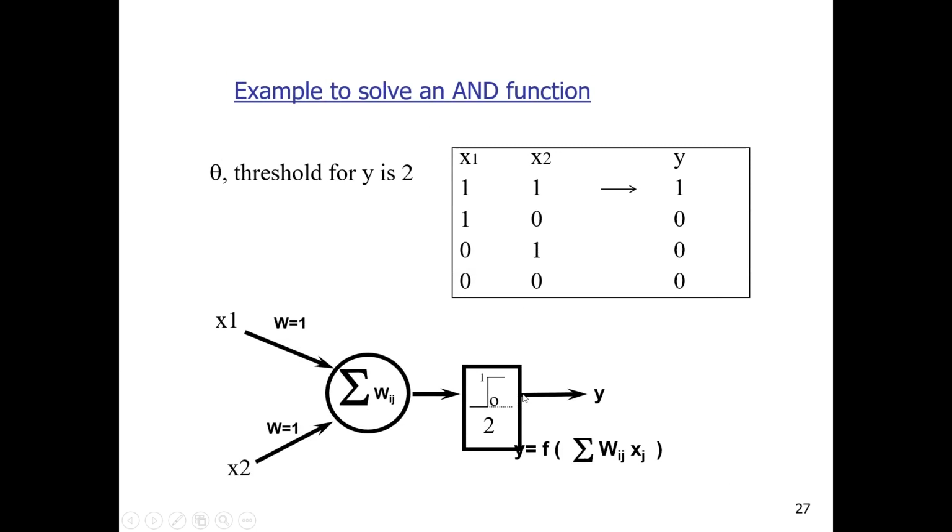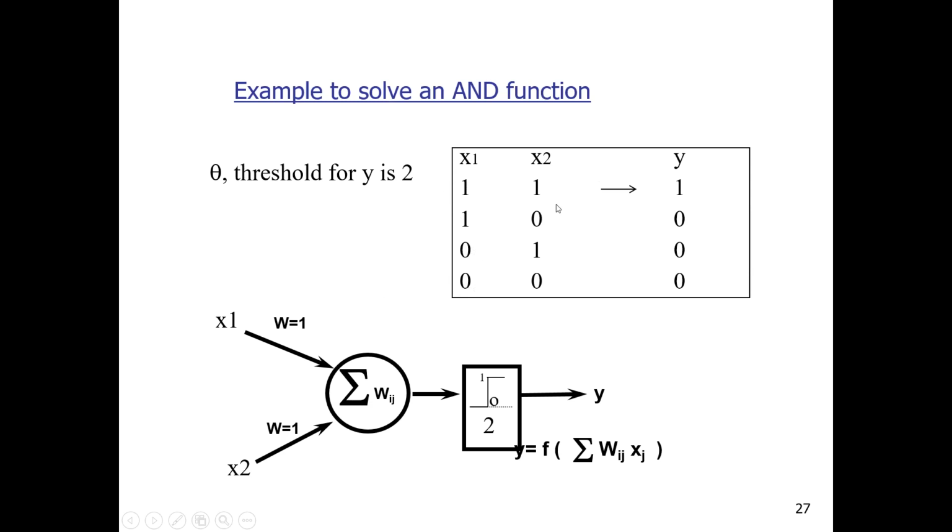For example, if you have an AND problem, in an AND function the output is 1 only when both inputs are 1. You can see this is our target. You can imagine this as both our training data and test data. Because this is an AND function, you only have 4 possible combinations.